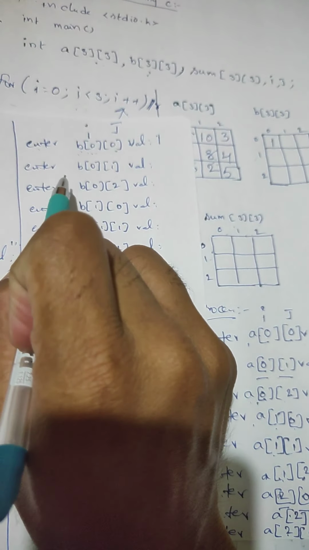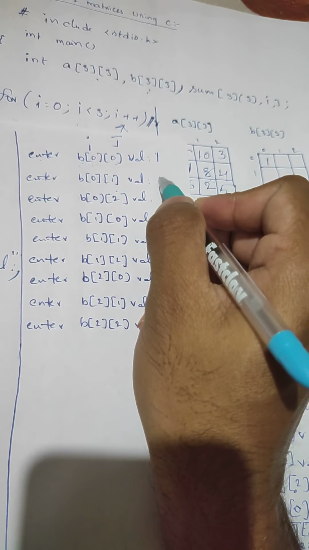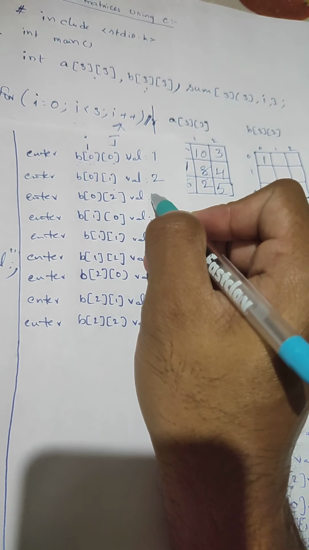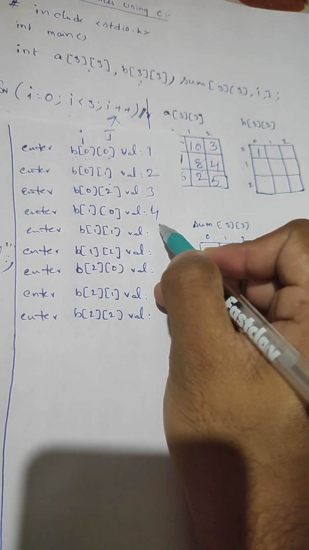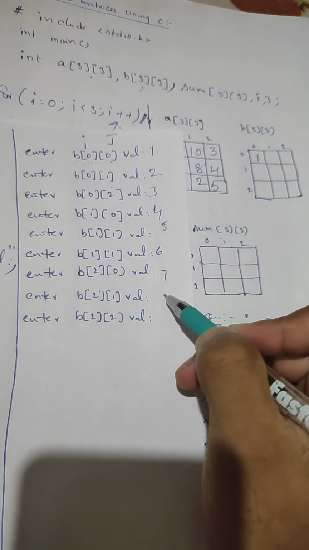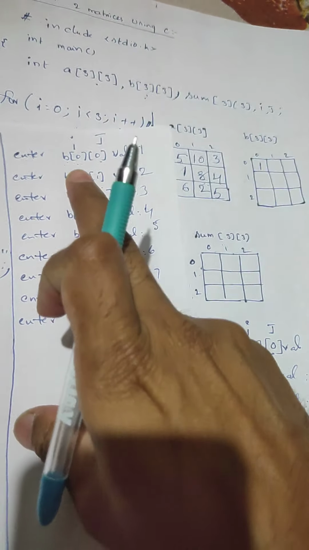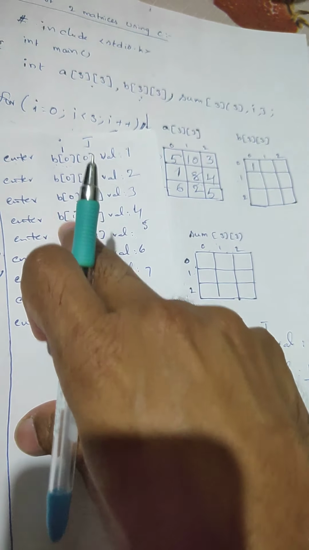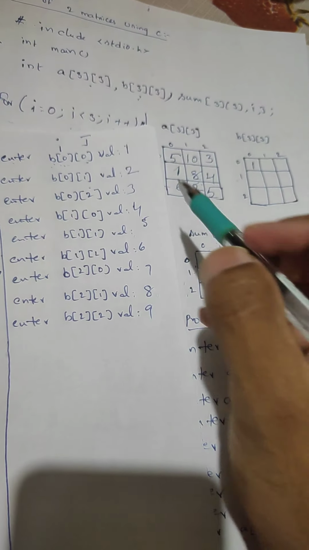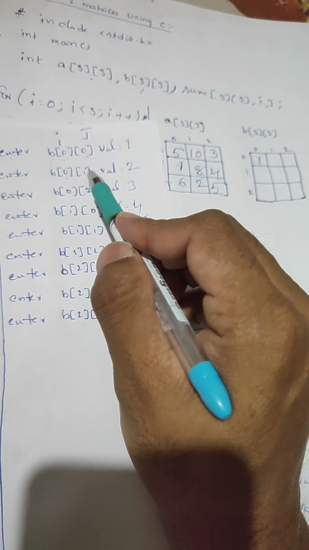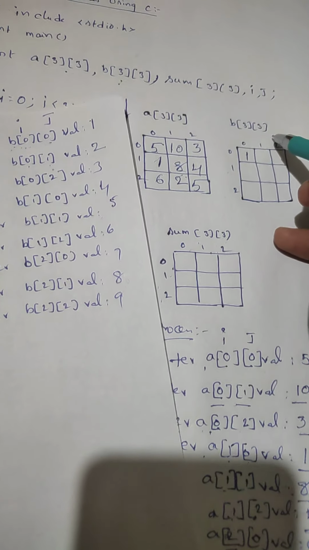Next, enter B of 0 1 value. Here I am entering the values 2 3 4 5 6 7 8 and 9. So all those values are stored based on the index locations, row and column. So 2 is stored in the 0th row first column of the B matrix.